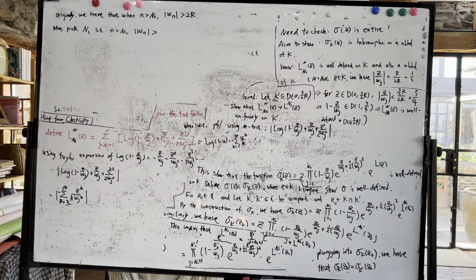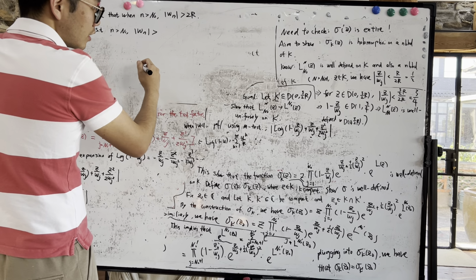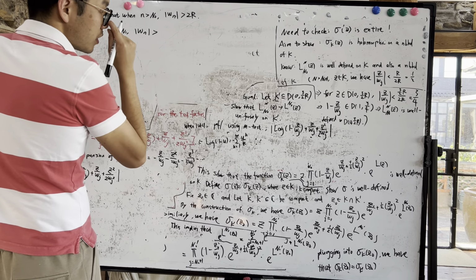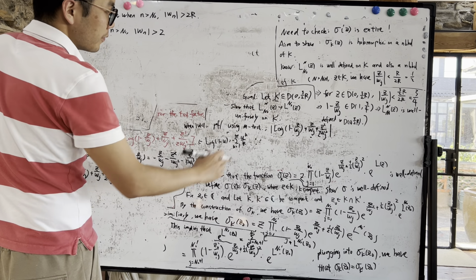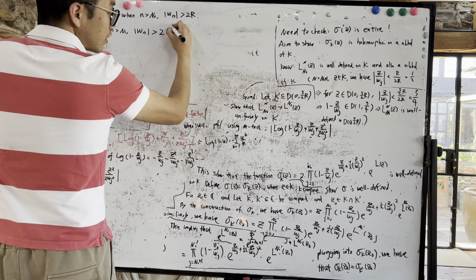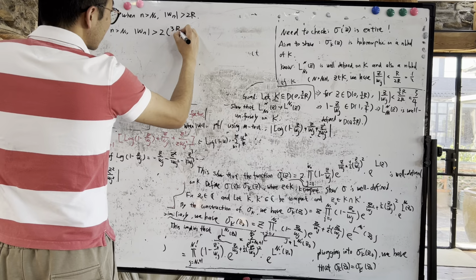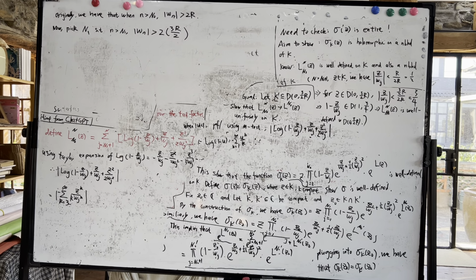Wait, does this help? Let's see. So when modulus of omega n is bigger than 2 times this radius, right? Okay. So let's see what do we really want to set up here.